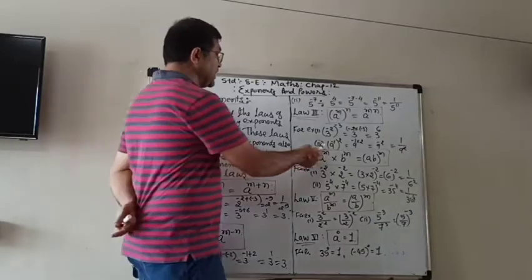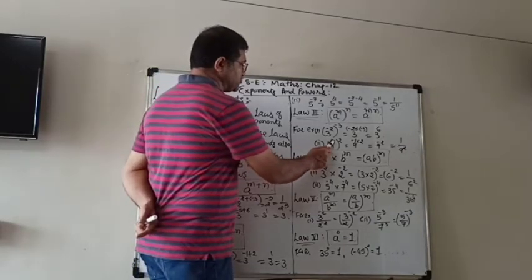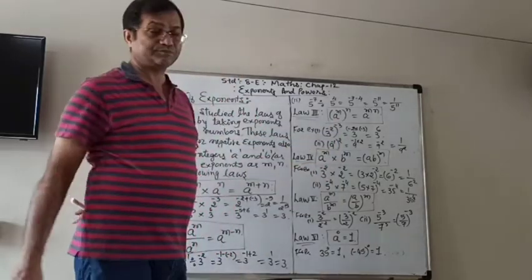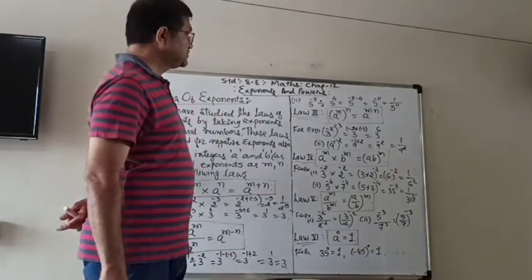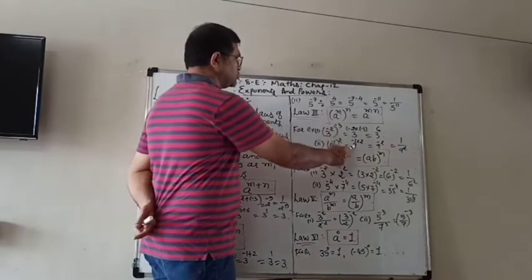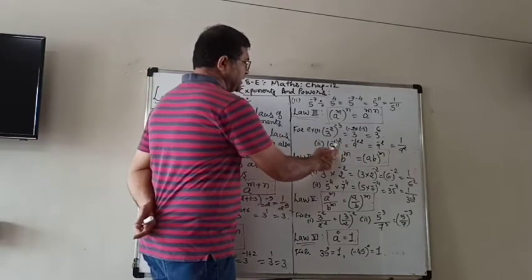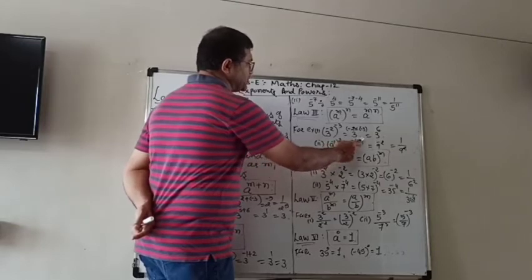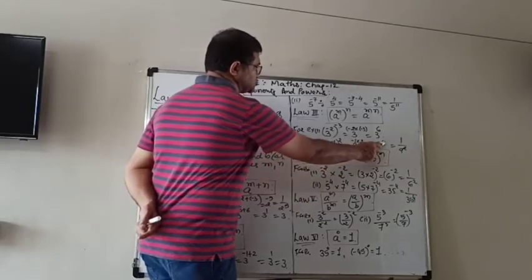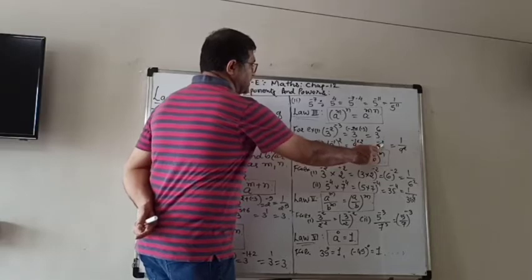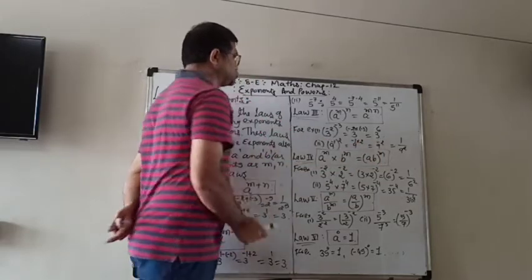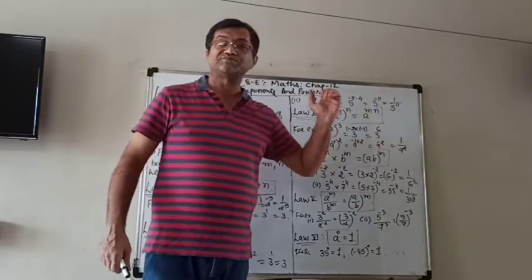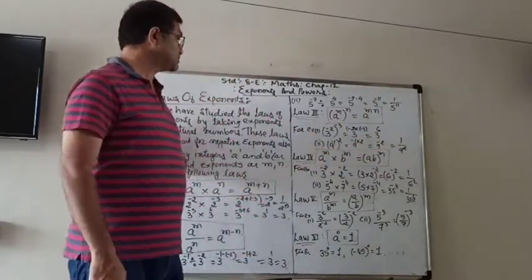Another example is that 9 raised to minus 1 and whole bracket raised to power 2. Now, applying that rule, we have to multiply the powers. Means 9 raised to power minus 1 multiplied by 2. 2 ones are 2 and it is minus 2. So it is equal to 9 raised to power minus 2. Or you can convert in positive as 1 upon 9 raised to 2.